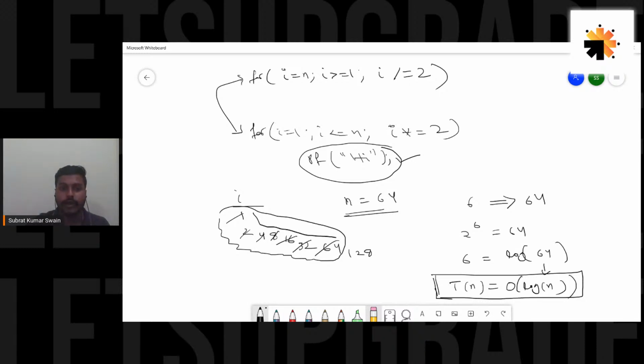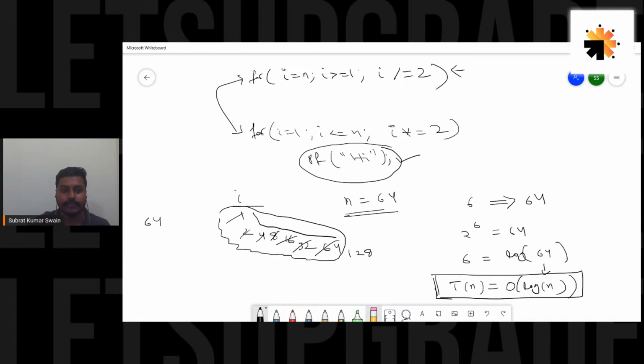Here we started from 1 and multiplied the i value by 2. But in this one we started from n and we are dividing i by 2. Getting my point, guys? It is just the reverse. We started from 1 and reached 64, and now we start from 64 and reach 1.